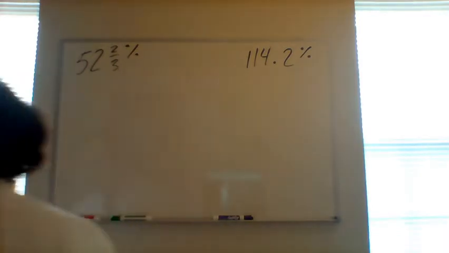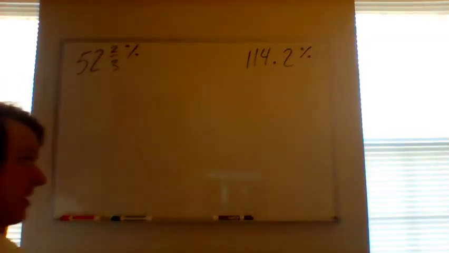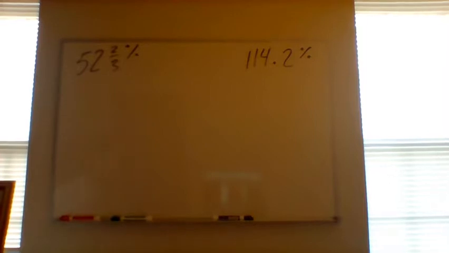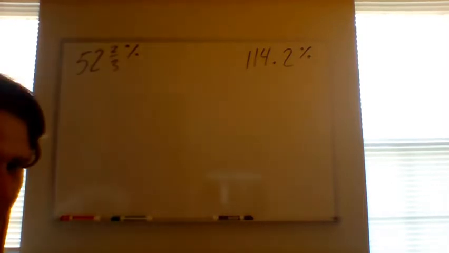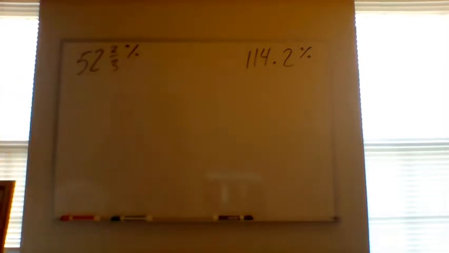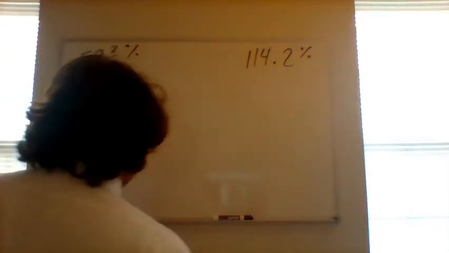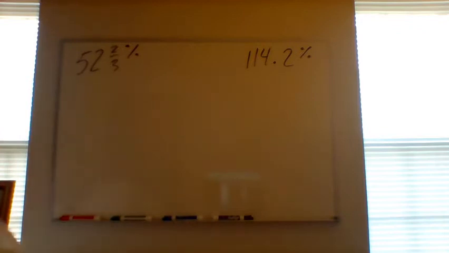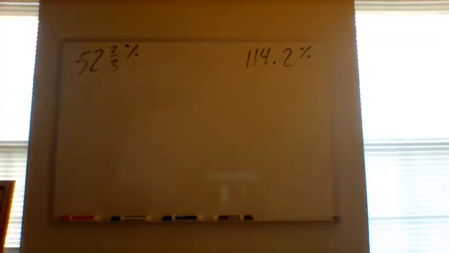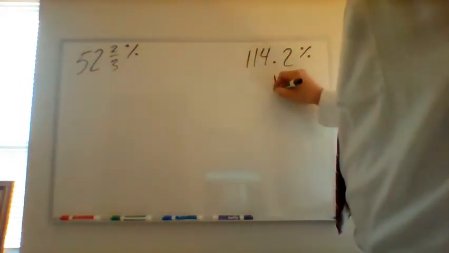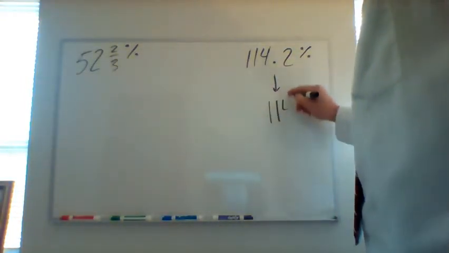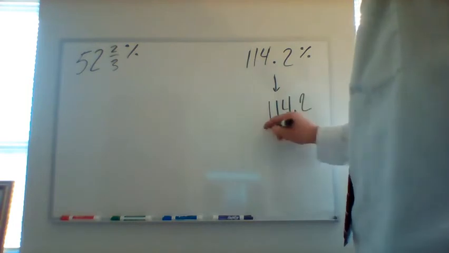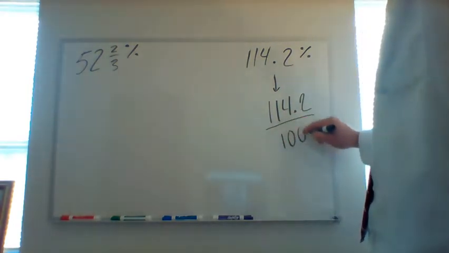The first job is we're going to turn these into a fraction, and we've already said that when we do that, we have to put it over 100. Remember, percents are out of 100. So if I was going to make this into a fraction, I would write 114.2 over 100.